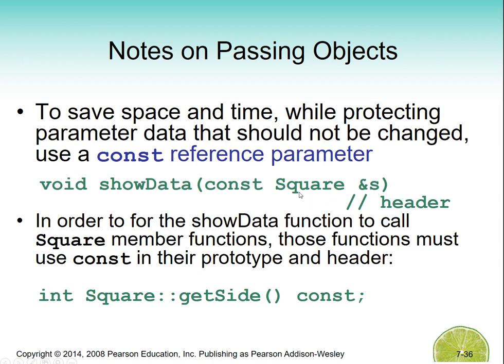We're passing a Square object, we're passing it by reference, thus the ampersand S, and we want to make sure that data doesn't change, so we use a constant in front of that. Then, in order for the function to call the Square member functions, those functions must use a constant in their prototype. So we also have to change the prototype and make it a constant.